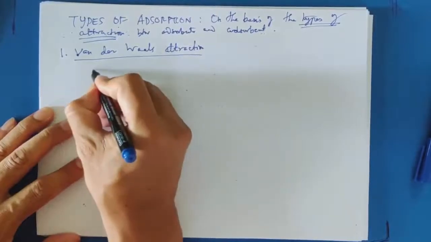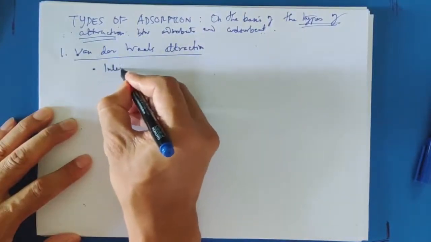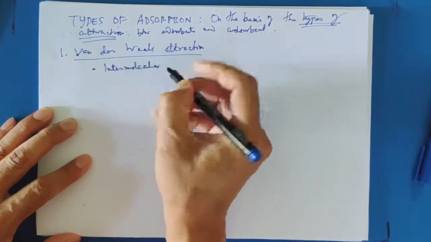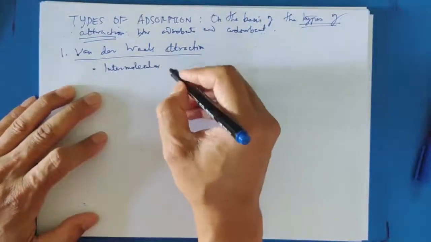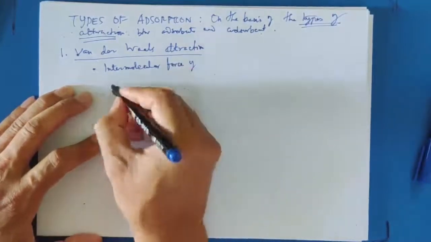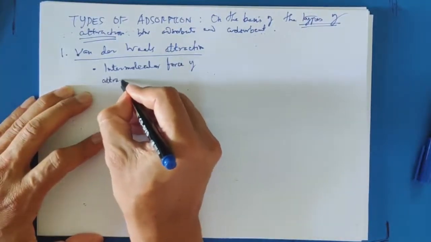So what can you write about this van der Waals? This is intermolecular, interactions between molecules. So intermolecular force of attractions.